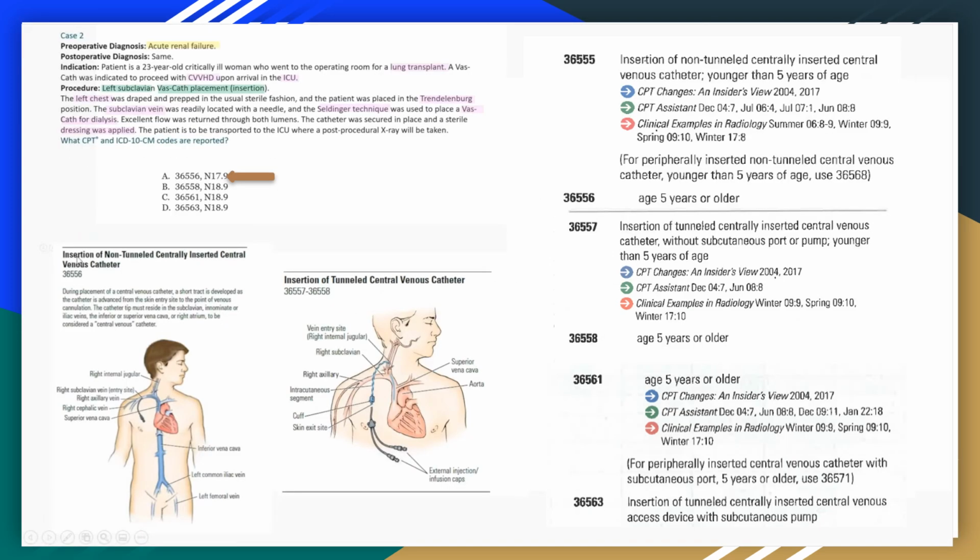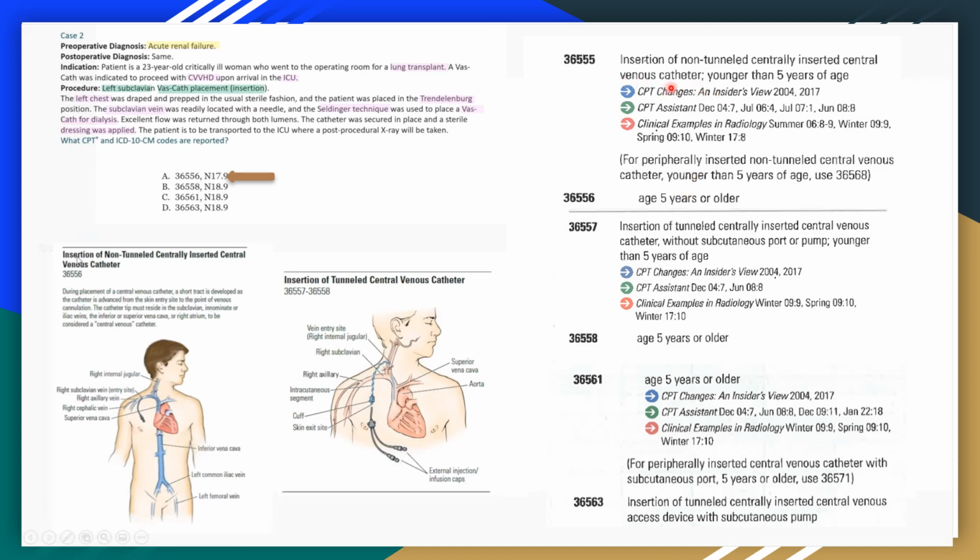Since it's a subclavian vein, we know that this is a central venous catheter, CVC, and for that we will first zero in between peripheral and central. We will require a central catheter. Then it is non-tunneled because tunneling is not mentioned, and we have a guideline that if it is not mentioned, we can assume it is non-tunneled. Age of the patient is 23 years, and there is no mention of a port or pump.